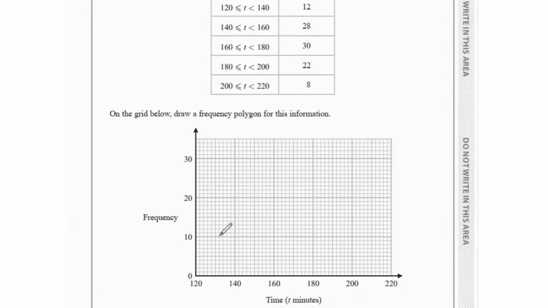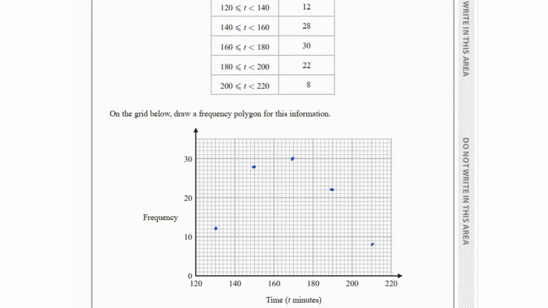So from 130, we draw a dot at 12. From 150, we draw it at 28. From 170, at 30. From 190, it's going to be at 22. And from 210, it's going to be at 8.